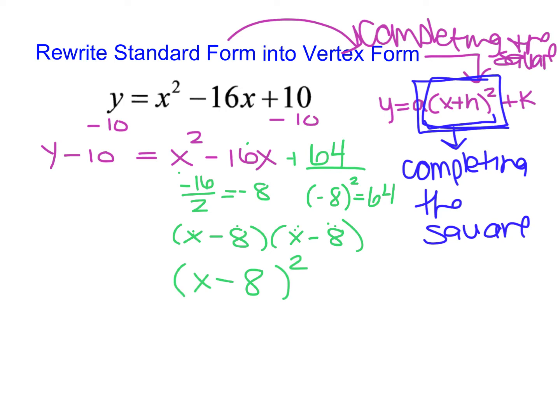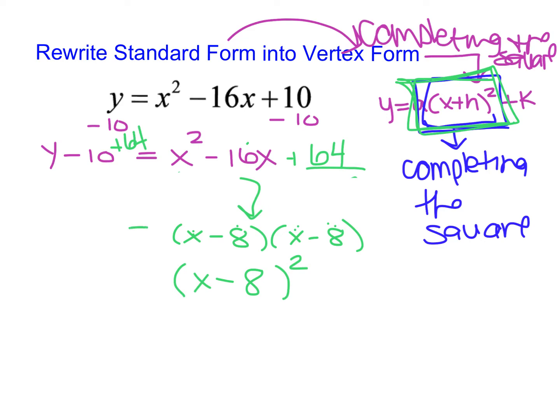So if we add a positive 64 into this problem, this piece can then be rewritten as x minus 8 times x minus 8, which then becomes x minus 8 quantity squared, which gives us something in parentheses squared with x. However, if we're going to add 64 to the right-hand side of the equation, remember, we have to add in 64 also to the left. We can't forget there's another part of this equation. So negative 10 plus 64, we get y plus 54 over here.